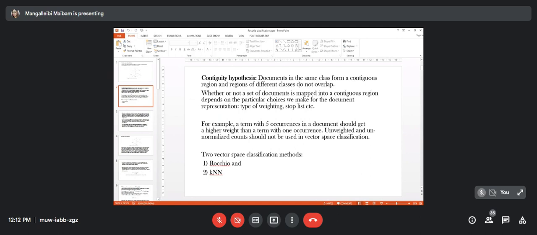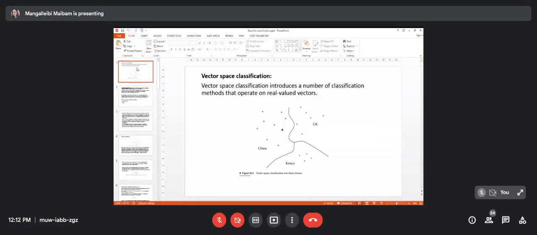So the documents that belong to the same class will be in one region, and documents with other different classes will be in another region, so that the regions of different classes do not overlap each other. For example, in this, UK is one class, China is one class, Kenya is one class. So we have three classes here.